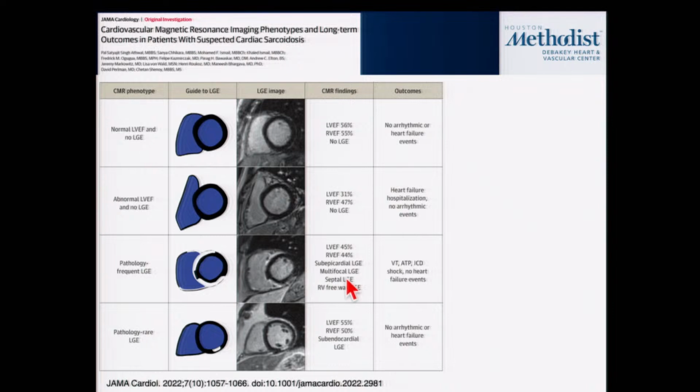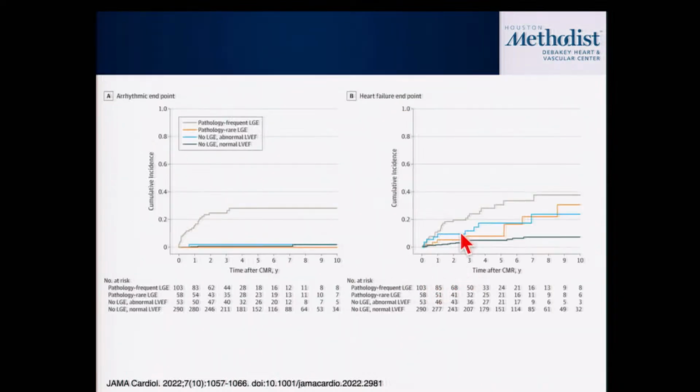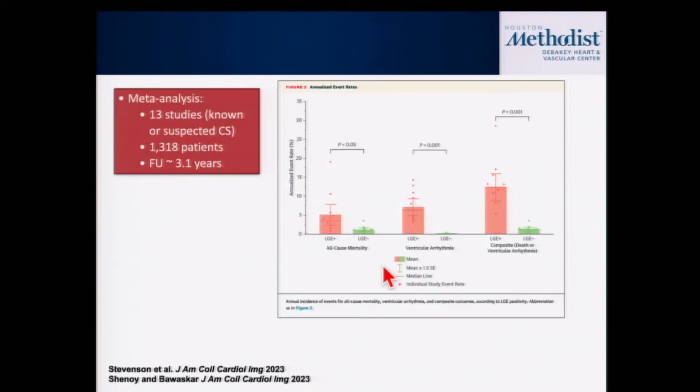And those are the individuals that were more likely to have arrhythmic events. So where this informs us is that if you have patients with known, biopsy-confirmed extracardiac sarcoidosis, it's these abnormalities that really raise a concern for cardiac involvement and therefore a high likelihood of events. And this is just, again, the Kaplan-Meier curves showing these findings.